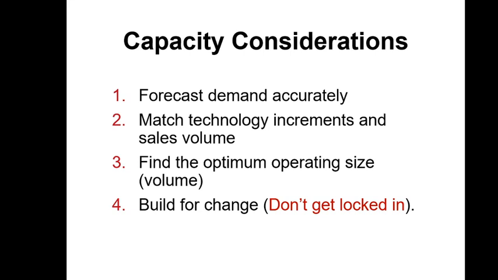Now, another thing that we have to cover here is the capacity considerations. These are general considerations that you have to look at when making your decision to expand or not to expand your capacity. First of all, number one, forecast demand accurately.